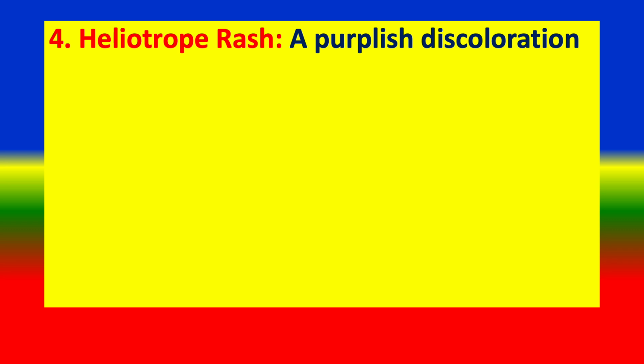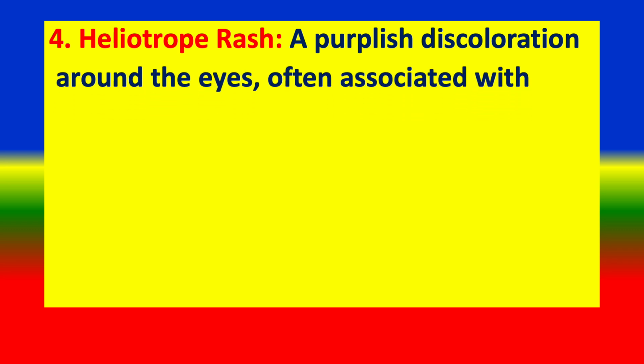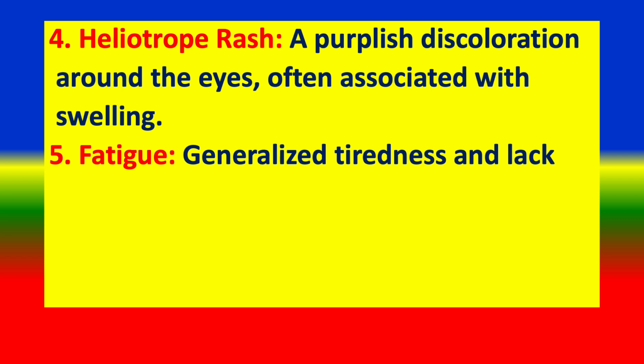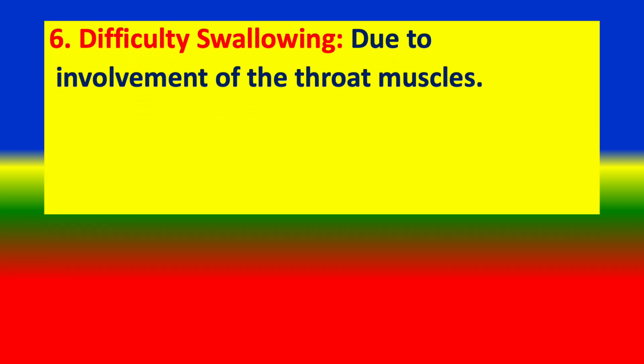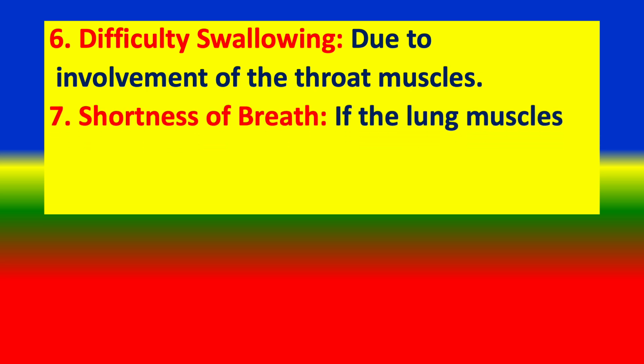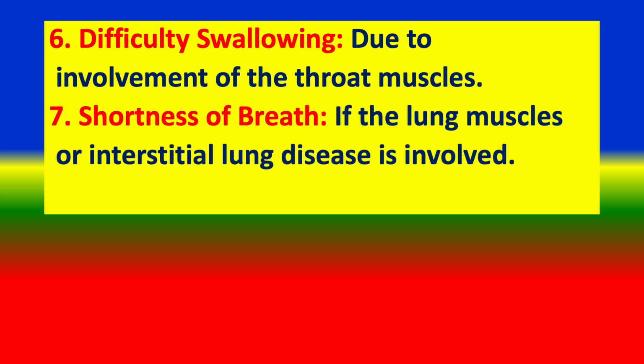A purplish discoloration around the eyes, often associated with swelling. 5. Fatigue. Generalized tiredness and lack of energy. 6. Difficulty swallowing due to involvement of throat muscles. 7. Shortness of breath if the lung muscles or interstitial lung disease is involved.